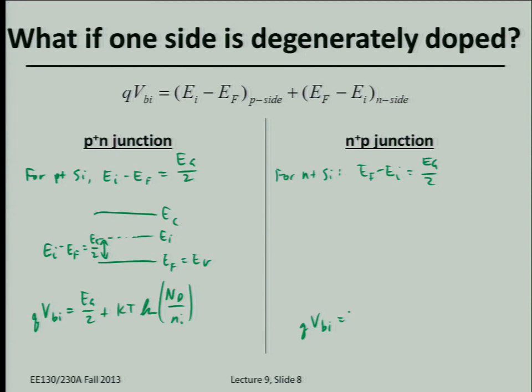Energies are electron volts, so you have to multiply by q in front for the units to work out. So this will be kT times the natural log of NA over ni plus EG over 2. Okay? Have any questions about this not so uncommon case of one side being degenerately doped?